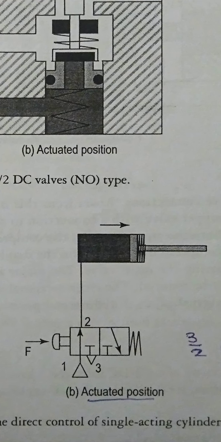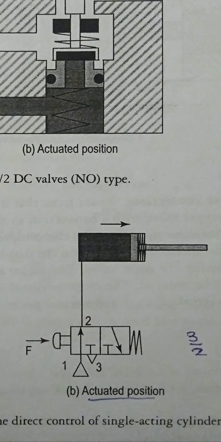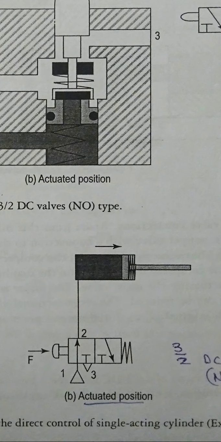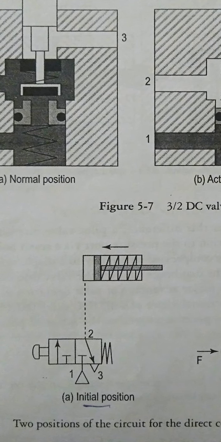When the valve is actuated, 1 is connected to 2, and from the left the compressed air enters the cylinder piston assembly and gives the thrust to the piston, so the piston moves towards the right. So this is the actuated position, and this shows the initial position.